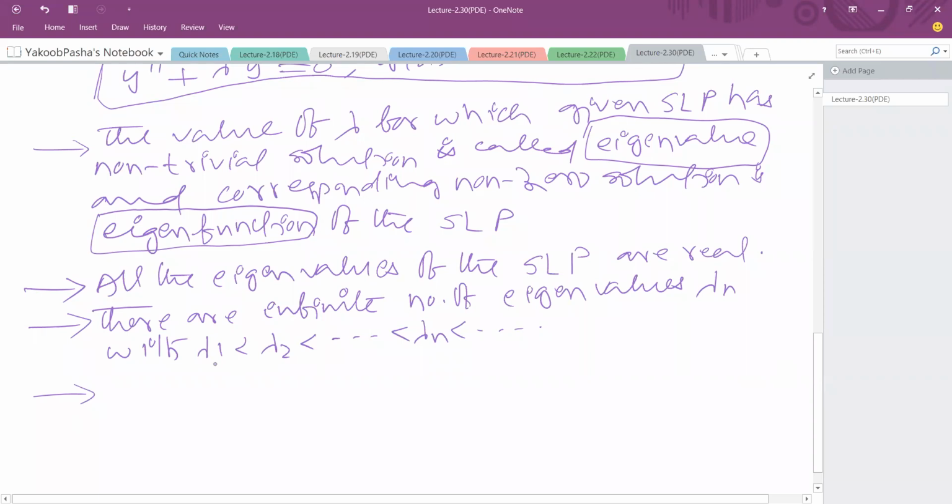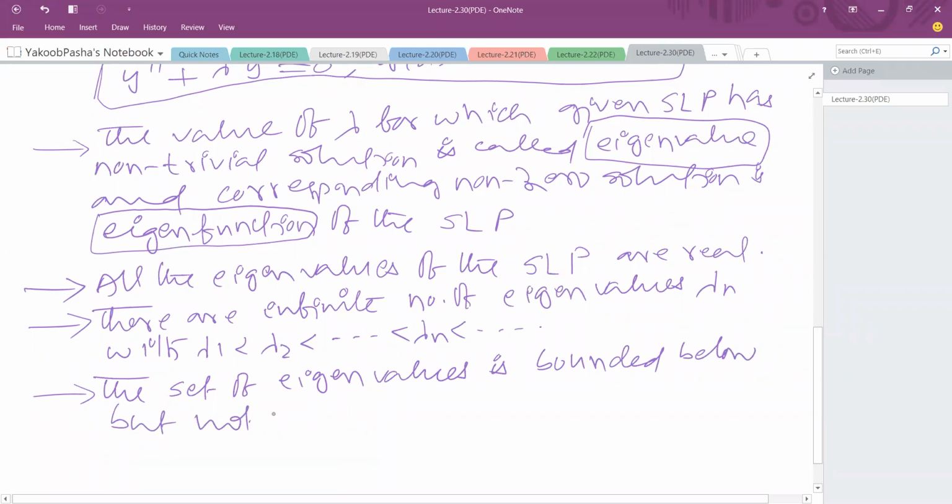So the set of eigenvalues is bounded below, but not bounded above. You have to remember this point also.